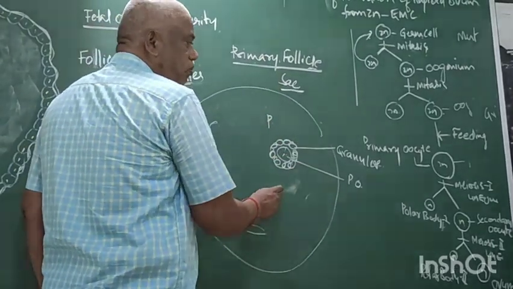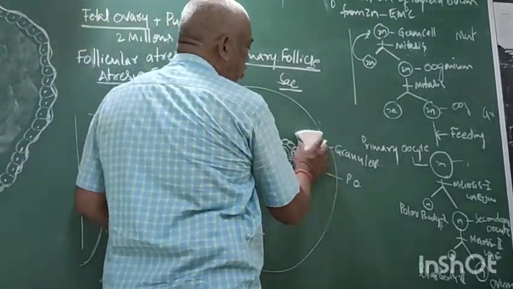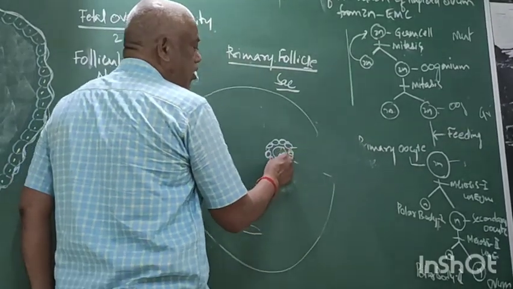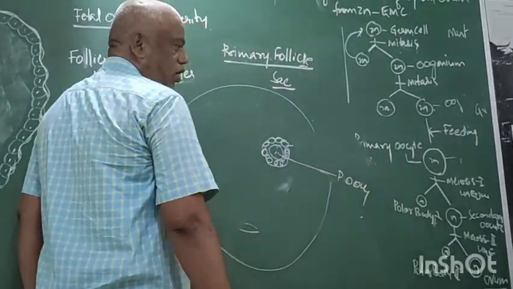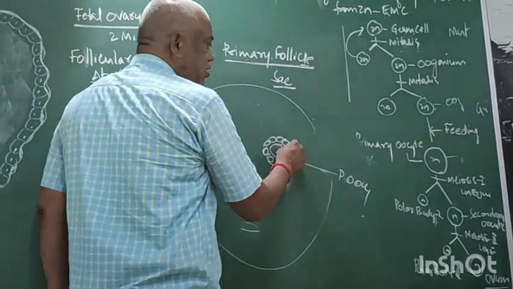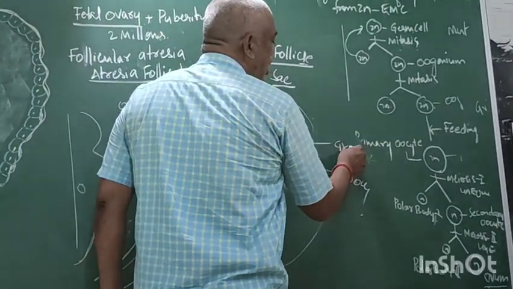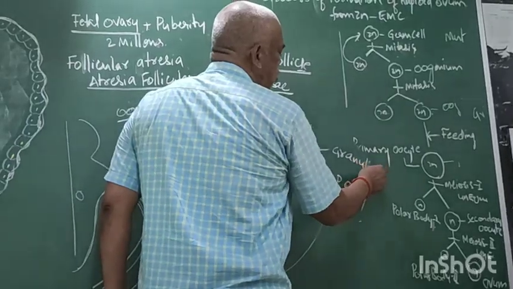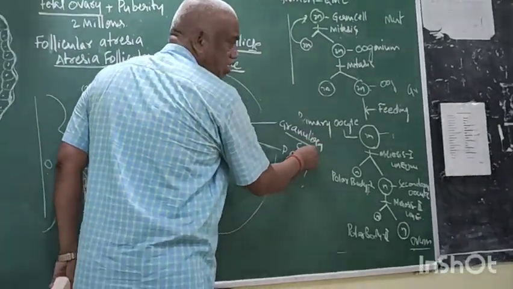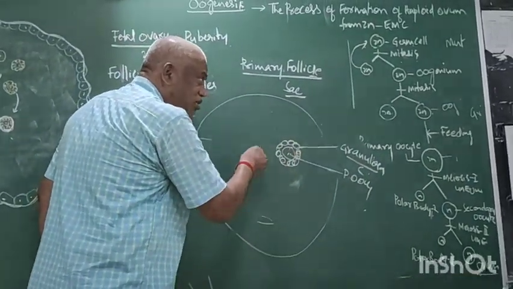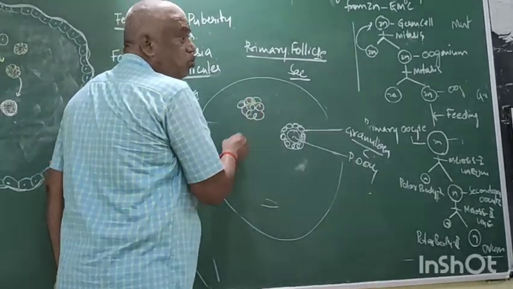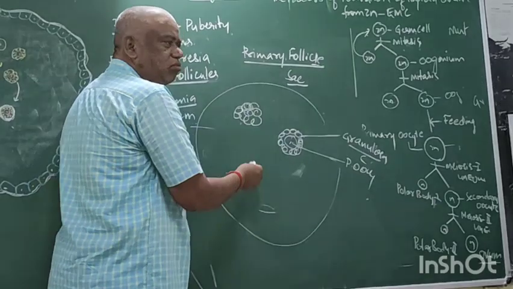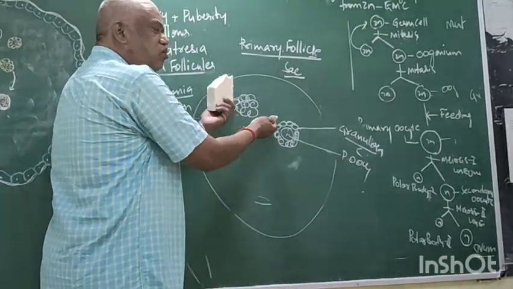Now what is this total primary follicle? In this primary follicle, what is the central cell? Primary oocyte. Right? What are the surrounding cells? Granulosa cells. Before this stage, a cluster of oogonia, maybe 1,000, maybe 2,000, whatever it may be.